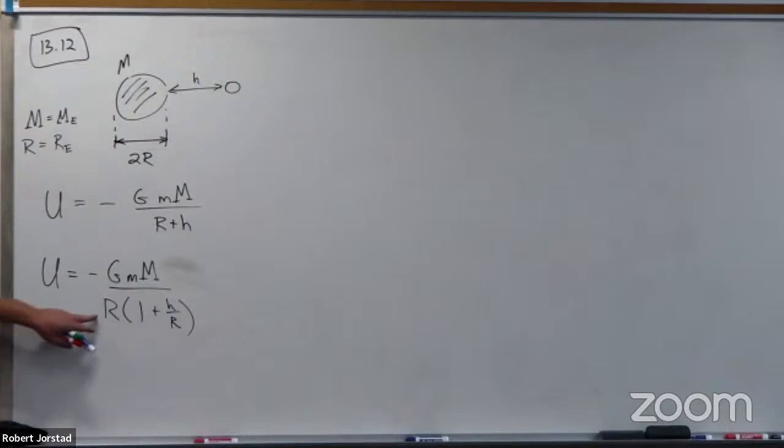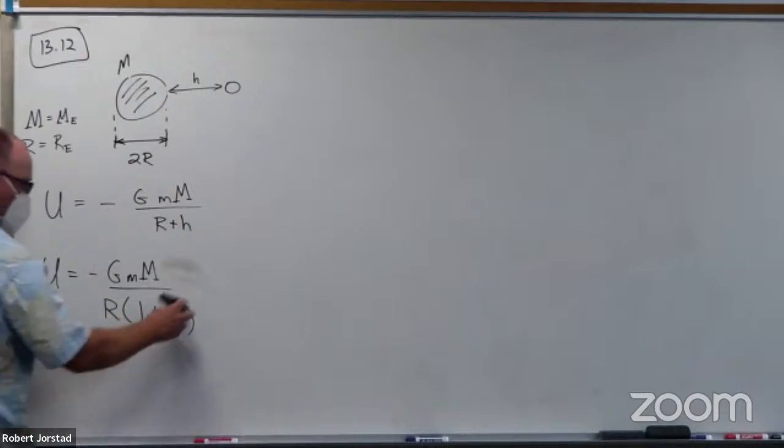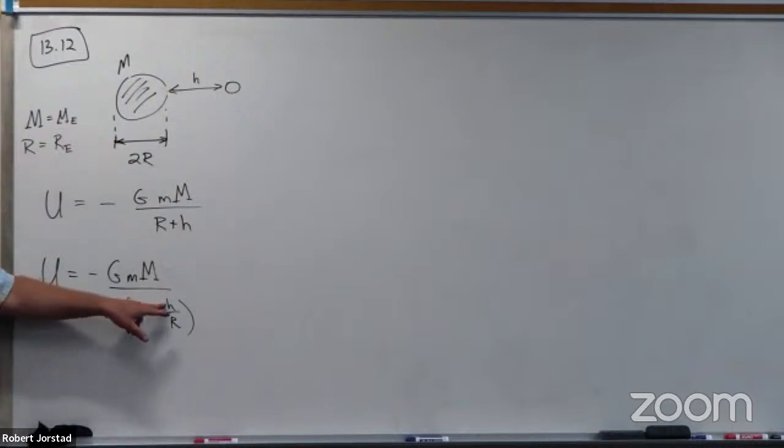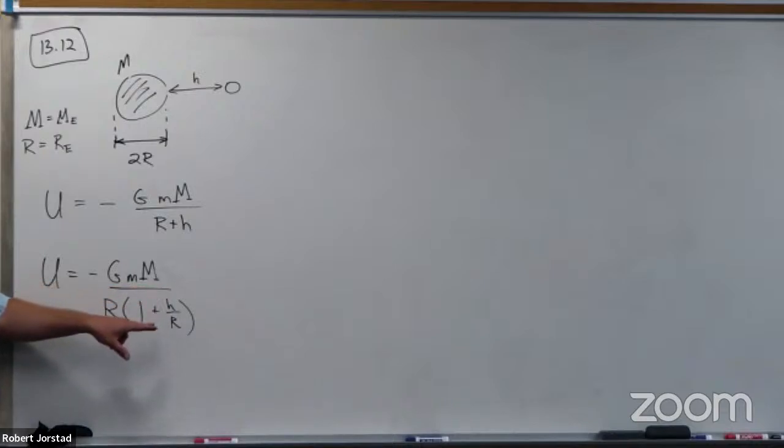All I've done is factor out this radius. By doing this, think about this: if we are near Earth's surface, h is small. So h is going to be a small number compared to the radius.